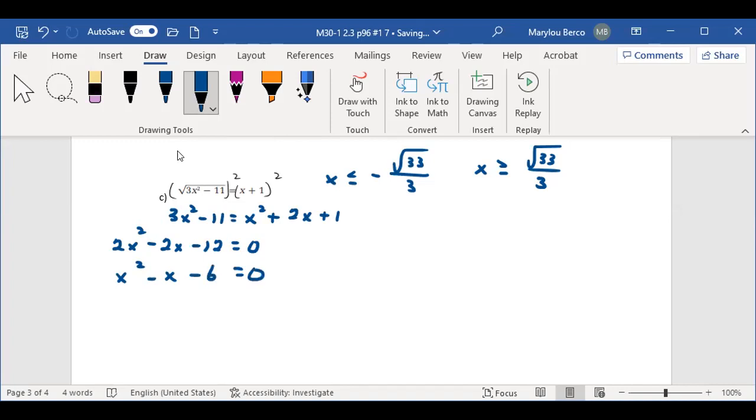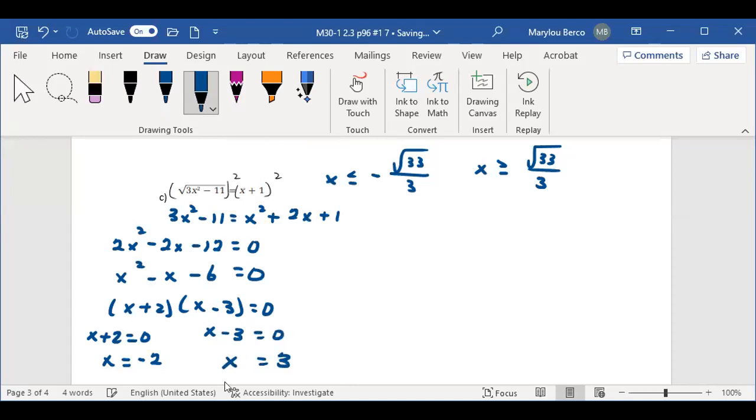So for factoring, we get x plus 2, x minus 3 equals 0. Okay, x plus 2 equals 0, x equals negative 2, x minus 3 equals 0, x equals 3 are our two possibilities.